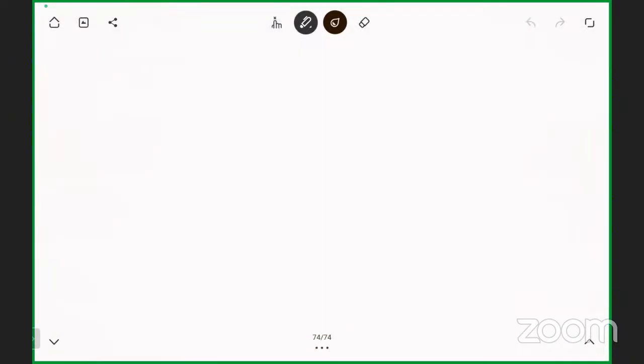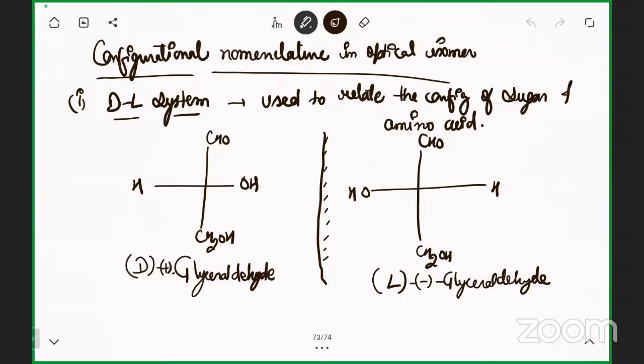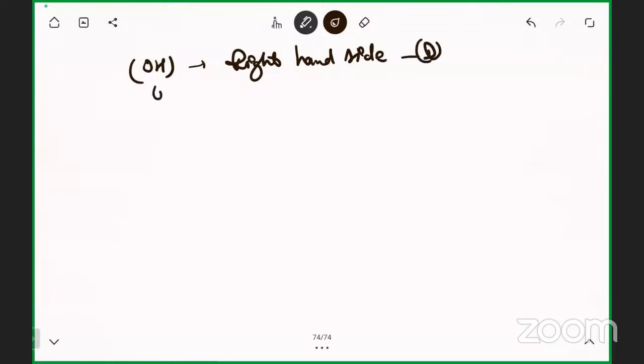The main thing we are going to do here is the R and S form. Instead of the rotation of plane polarized light, you can say if the OH is present on the right-hand side, write D. If the OH is present on the left-hand side, write L. You can use this type of configuration also.